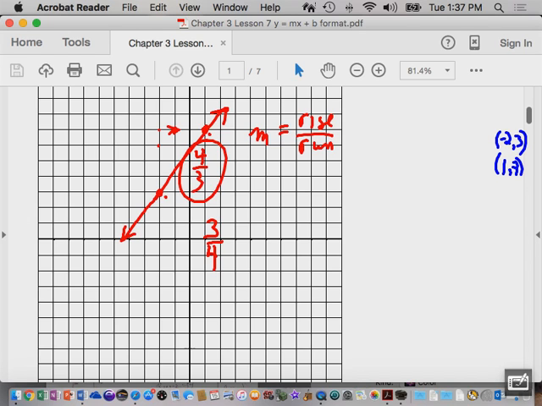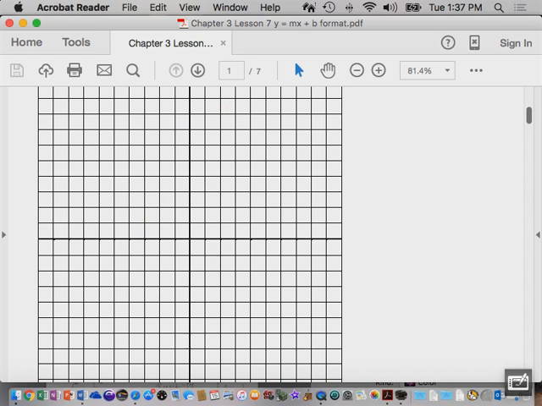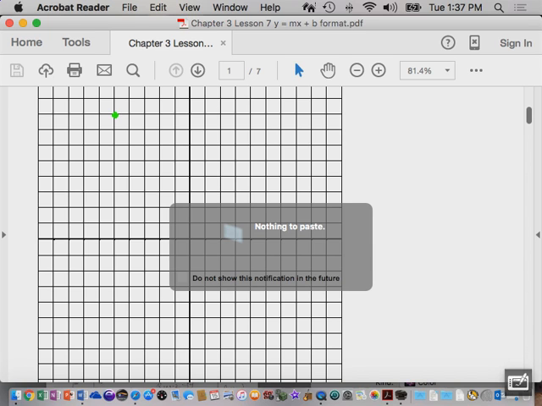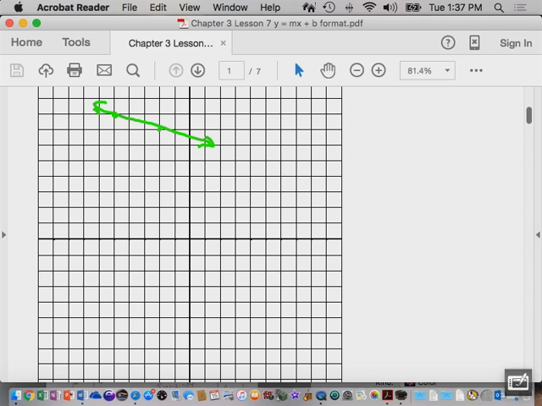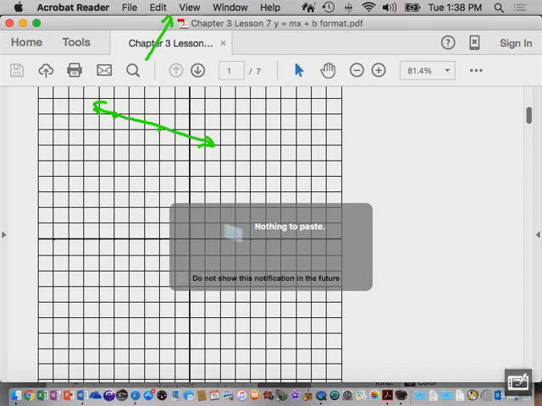All right, so the next thing I want to talk about with respect to these graphs is whether a graph is negative or positive. We do slopes from left to right, just like we read the page you're looking at. Slopes go from left to right. We talked before about how if the slope goes up, it's a positive slope.